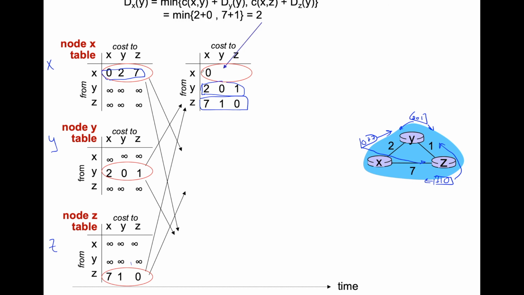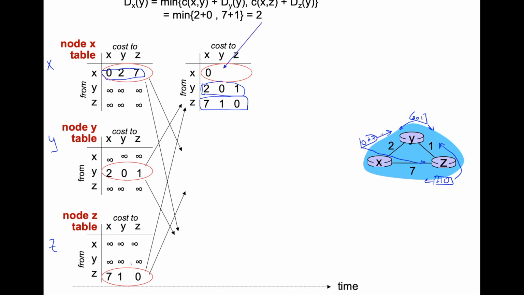So let's take a look at this. So for getting from x to y, do I take the link cost to get from x to y, and then from y use its distance vector to get to y, because that's the distance vector of my neighbor. Now to get from y to y is 0. So I say, okay, is it link cost of 2 plus my y to y at a cost of 0? So I go through this link and then use that distance vector to get to y.